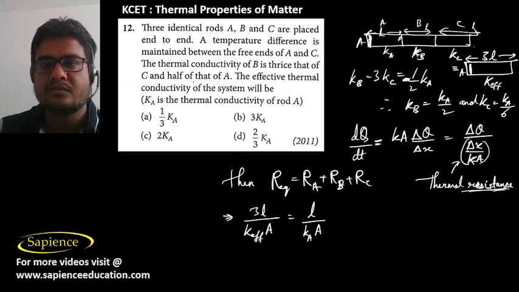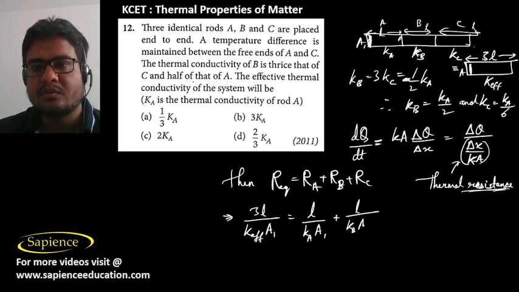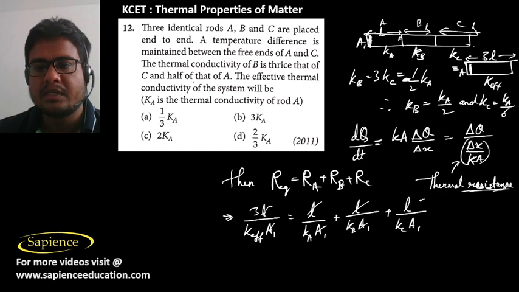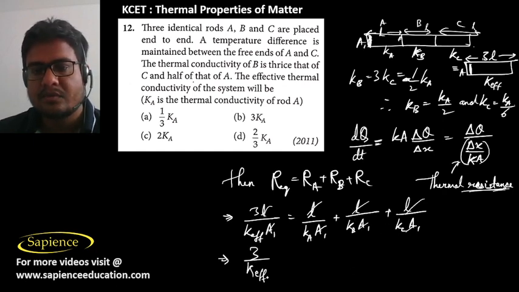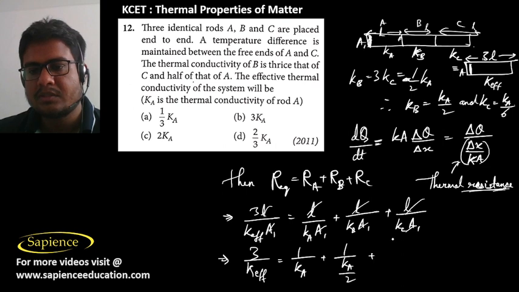Let's say the area of cross section is A1. Then it is L by KB into A1, plus L by KC into A1. L by A1 will all cancel out. So 3 by K effective is equal to 1 by KA plus 1 by KB, and KB is KA by 2, plus 1 by KC, that is KA by 6.